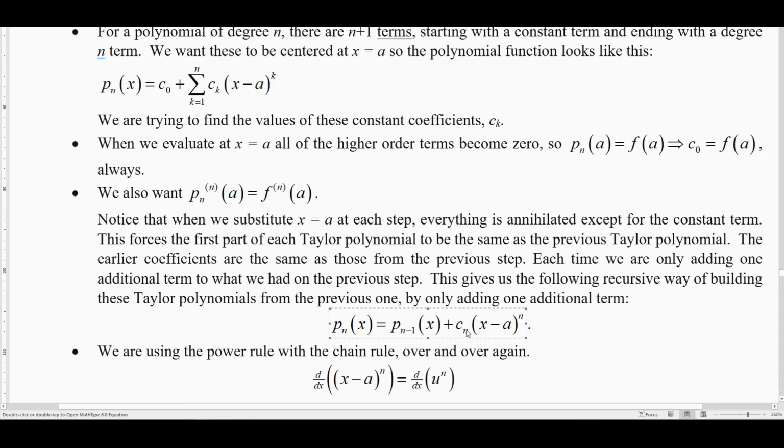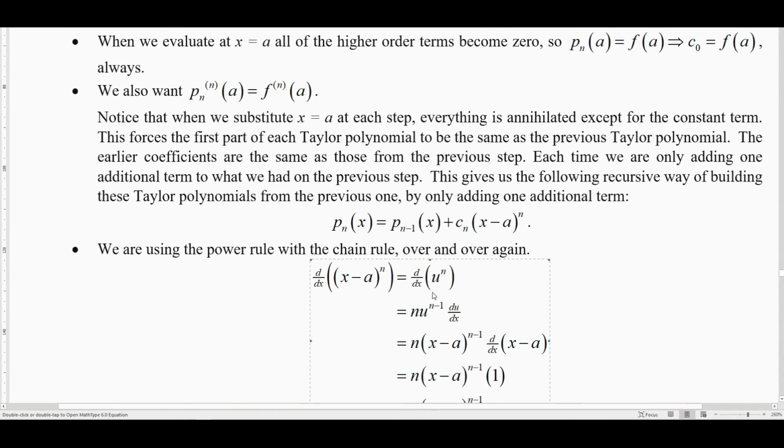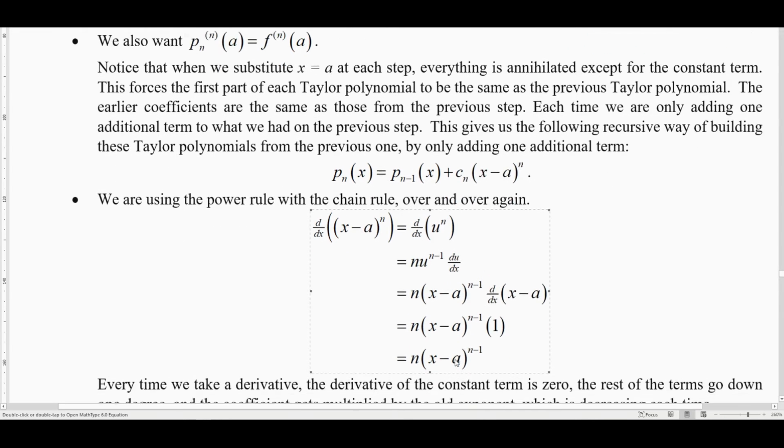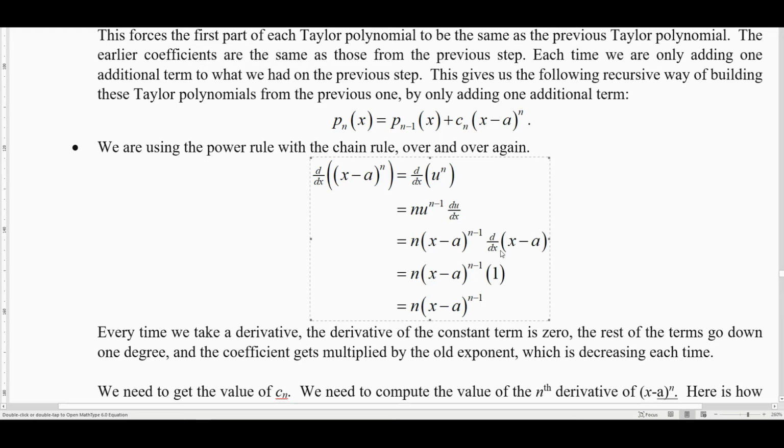Basically, when we're doing these derivatives, we're just using the power rule over and over again, along with the chain rule. U is x minus a, the derivative of u with respect to x is 1, so the chain rule didn't really add much, just another factor of 1. But the power rule says that's n times u to the n minus 1. Derivative here is 1, so it's n times x minus a to the n minus 1.